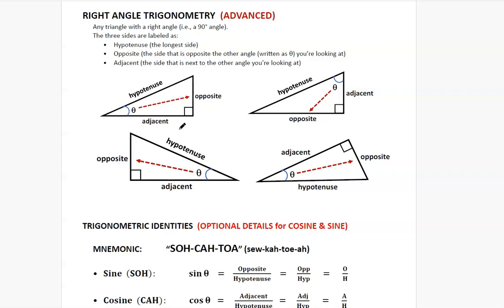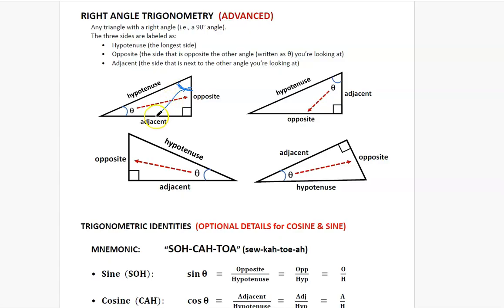If I was to look at this angle here, in this case, this side would be the opposite to this angle, and this side would be the adjacent. So adjacent and opposite are always relative to the angle you're interested in, and that's actually drawn right here. You'll see I switched which angle we're interested in, and you see this is the opposite and this is the adjacent.